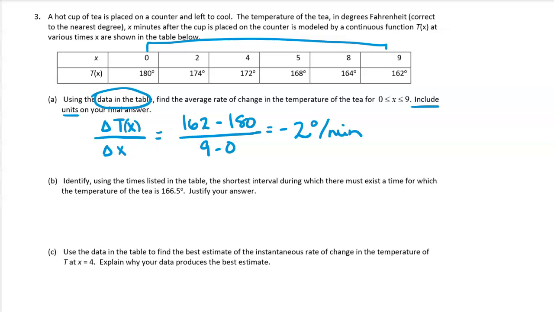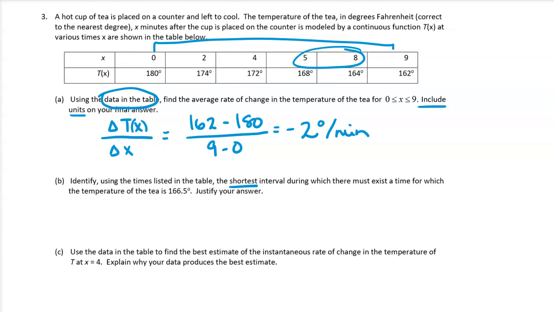Again, using the times listed in the table, find the shortest time interval during which there must exist a time for which the temperature of the tea is 166.5. I'm looking at these two times right there at 5 and 8 minutes. So first of all, T of x is a continuous function. We are acknowledging the fact that you cannot just hop over certain degrees. You go from one to the next. It's a continuous function.